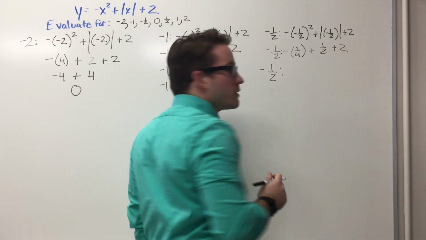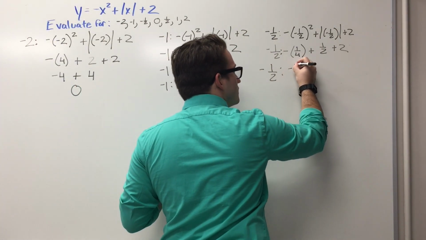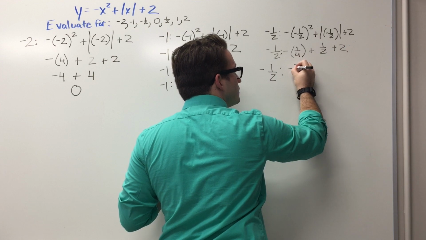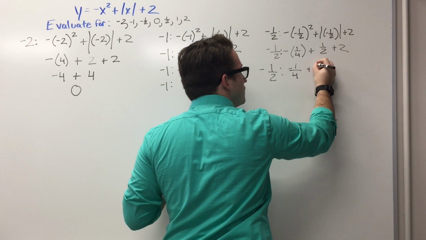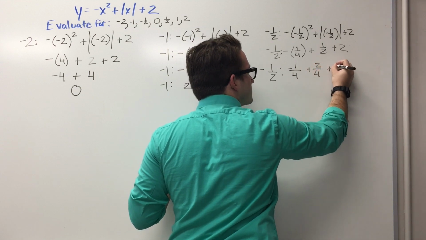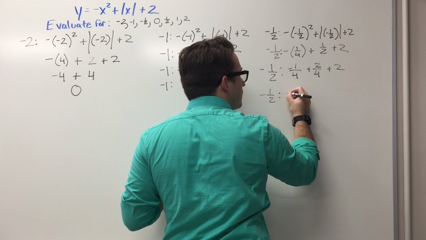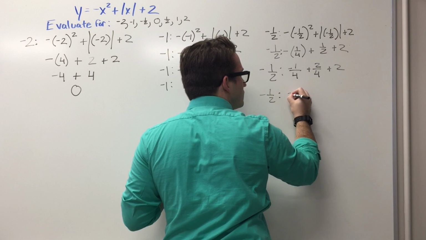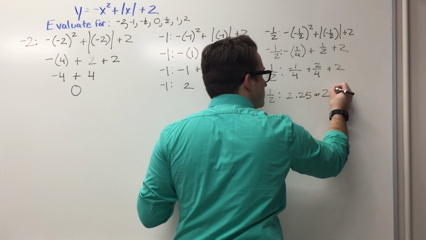Be careful here when we're combining like terms. So this is really -1/2 or 1/4 plus 2/4 plus 2, which is really 2.25 or 2 1/4.